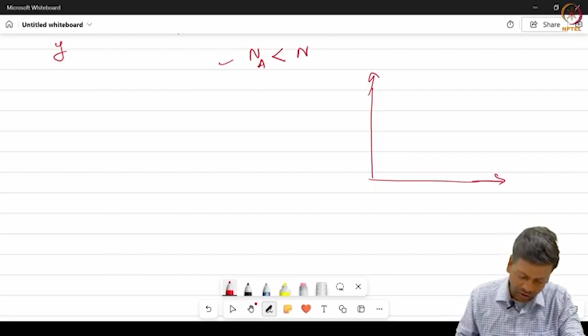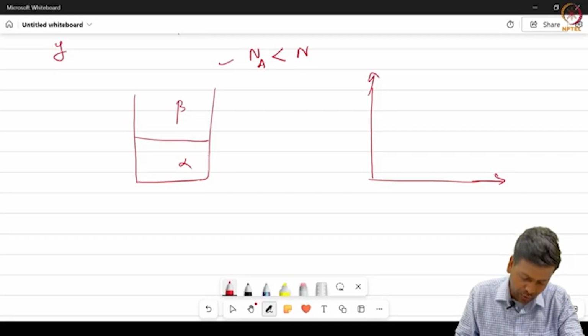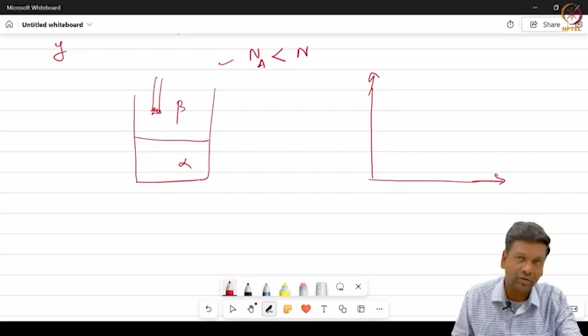So now let's say I have a container in which I have two phases, one is alpha phase, another one is beta phase. Now I am going to introduce some sort of a probe. This will measure some property in the bulk and adjoining phases.